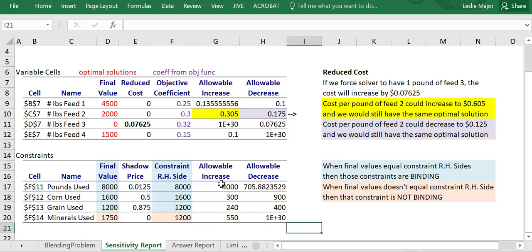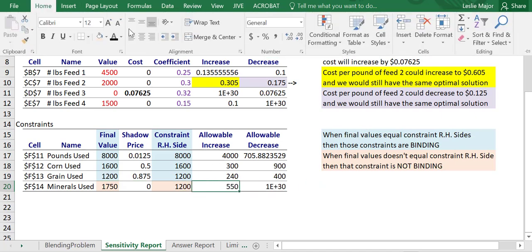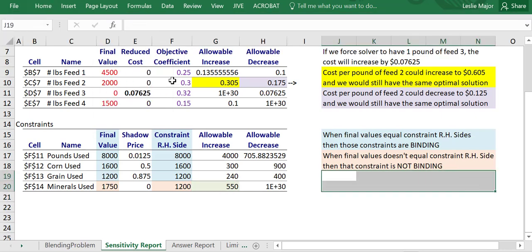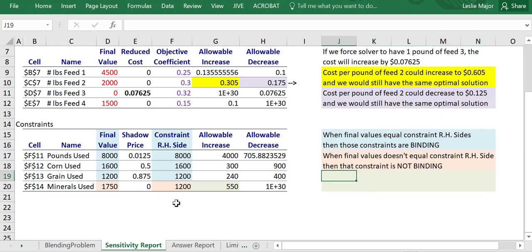Let's also look at these allowable increases and decreases. For this constraint, that's 550. That 550 tells us that we can go up to 550 over this limit and still have the same optimal solution as before.